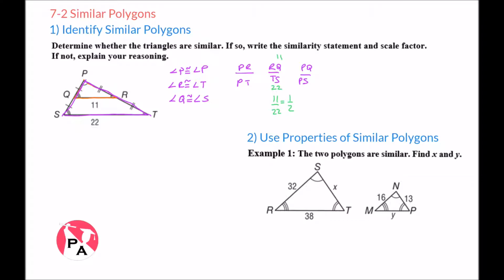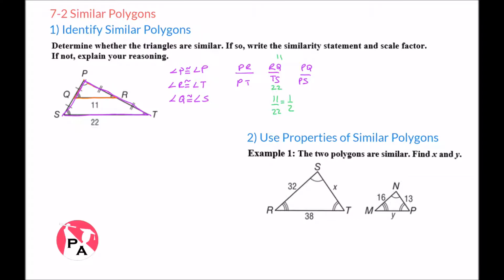So this is our scale factor. And remember, if you have a small triangle like this one inside of a big triangle, they are 100% similar all the time. If you have any pairs of sides that correspond to each other with their measures, just divide those numbers. That's going to be your scale factor.